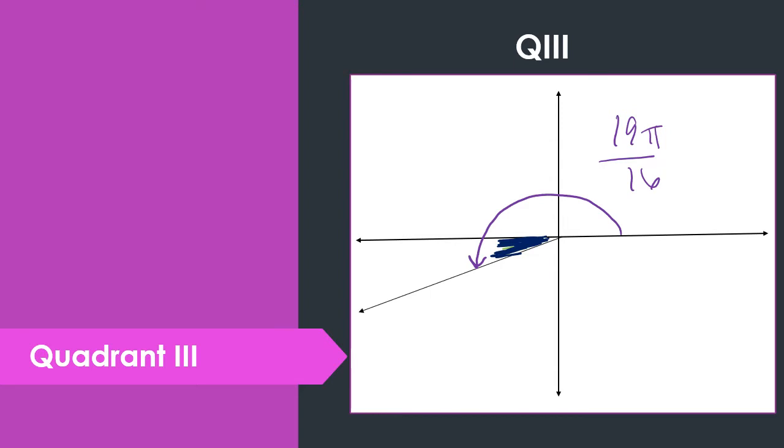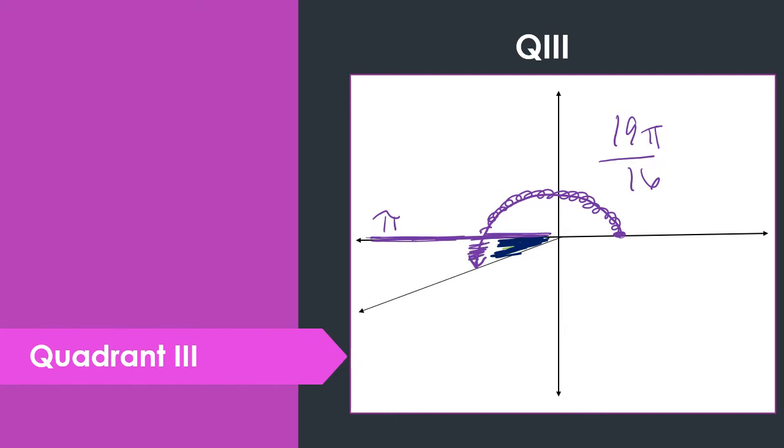If I think about this axis here, there are pi radians in this axis. So when I start in standard position and I go around from here to here, I've traveled pi radians. I really need to know how much further I'm traveling right here.